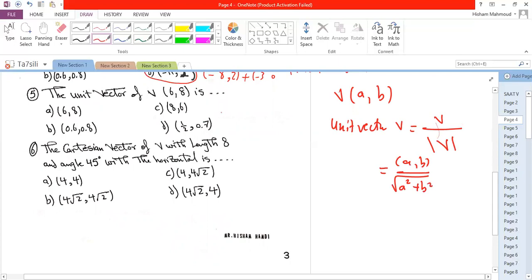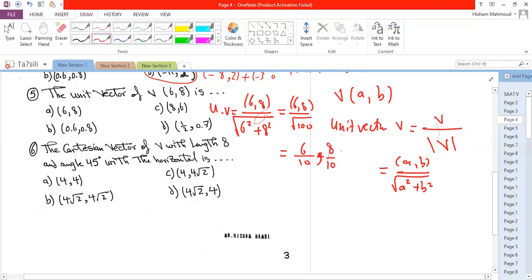So the unit vector will equal (6, 8) divided by root of 6 squared plus 8 squared, which is equal to (6, 8) divided by root of 100. And root of 100 is 10. So it's 6 over 10 and 8 over 10, which is 0.6 and 0.8. So the unit vector is (0.6, 0.8).